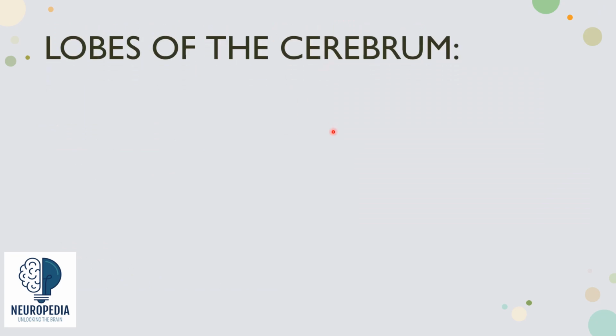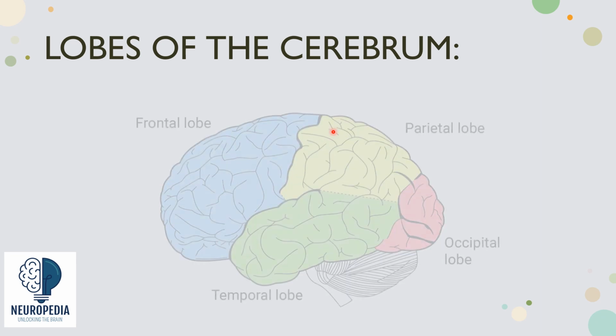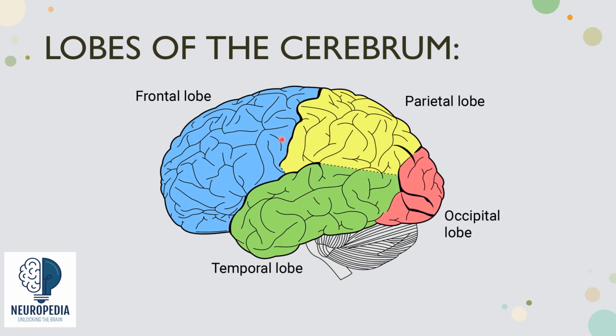Let's talk about the lobes of the cerebrum. There are four lobes present in the cerebrum, namely the frontal lobe, the parietal lobe, the occipital lobe, and the temporal lobe. All four lobes are involved in performing different functions.